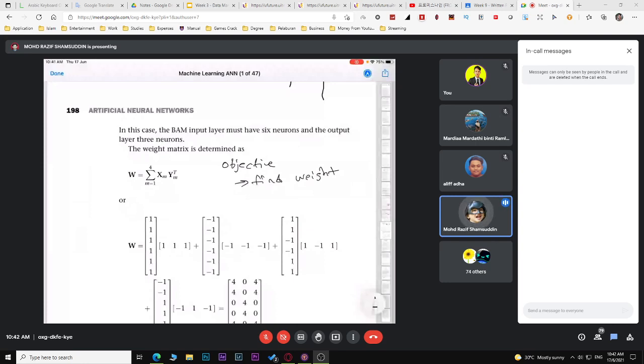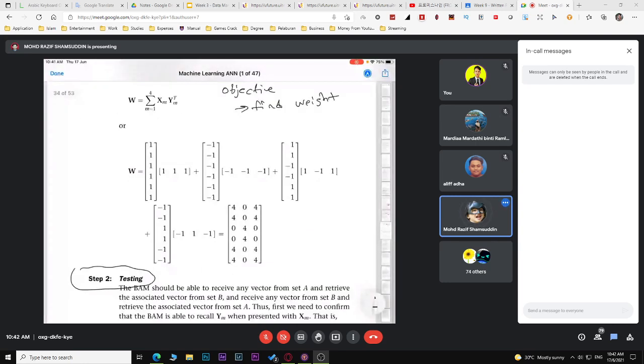The weight is calculated as the summation of the input times the output transpose. As simple as that. The summation of input times output transpose.